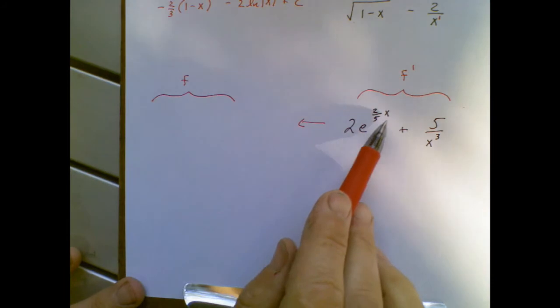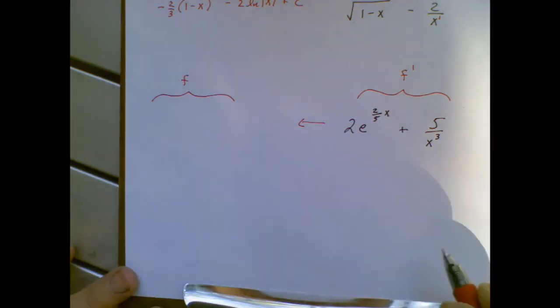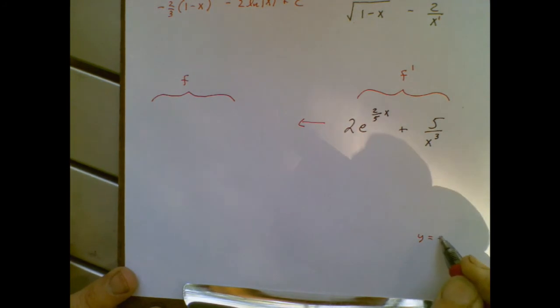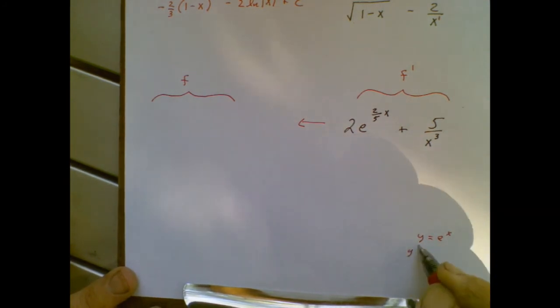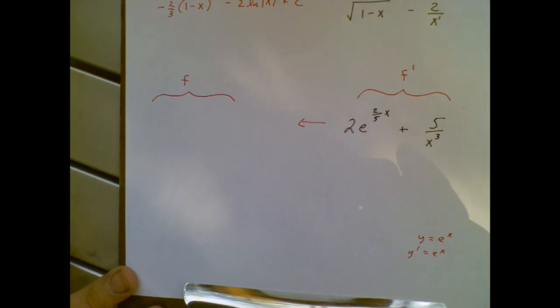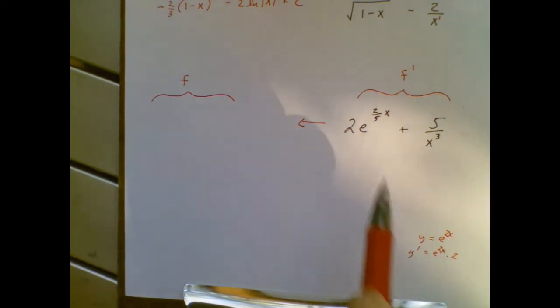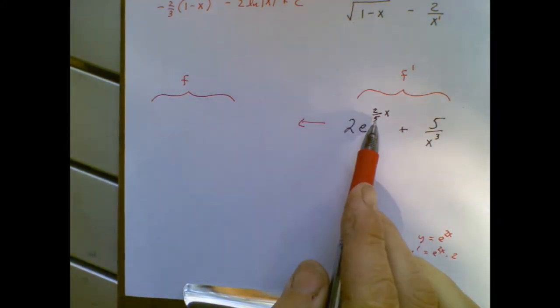I have e to the blah blah blah, but remember this, if I have y equals e to the x, the derivative is e to the x, but if I had y equals e to the 2x, the derivative would be e to the 2x times 2. We have that little ninja. So there's a ninja up there for me.